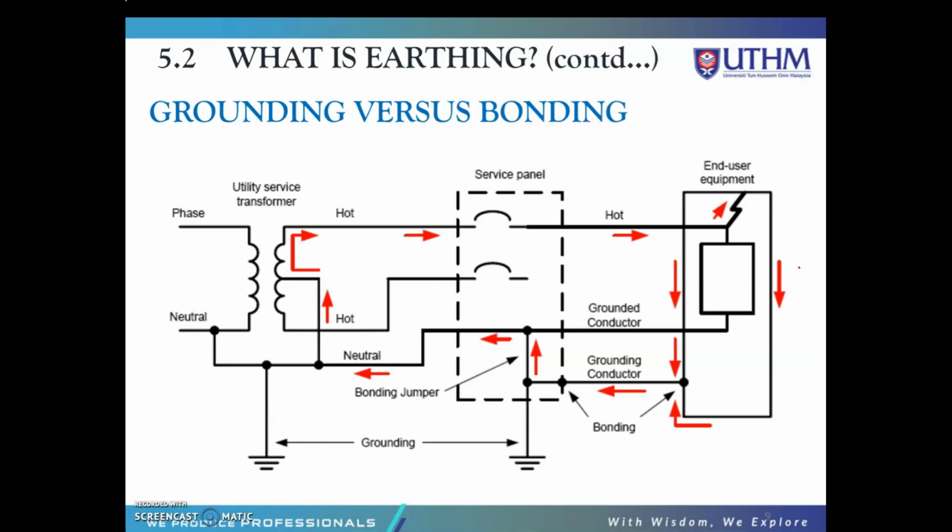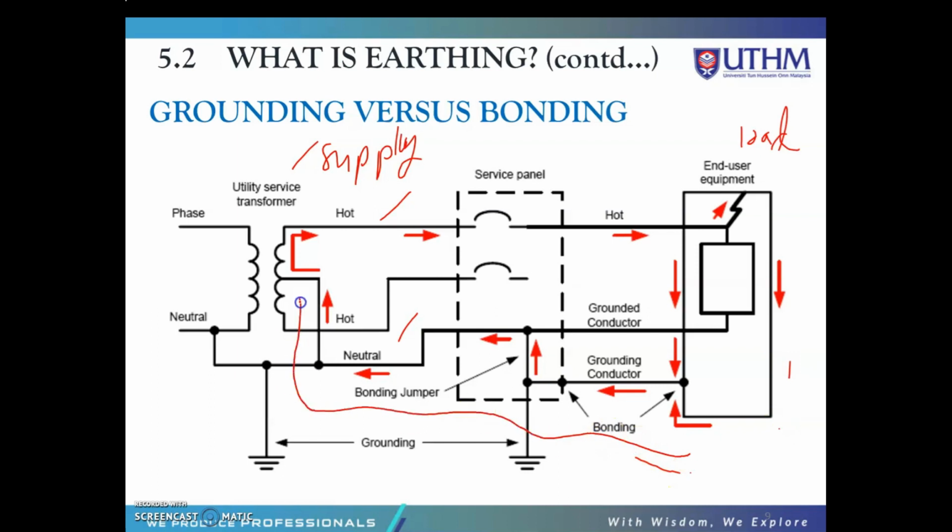Okay, so this is the diagram of the grounding versus bonding. We can see the differences here. We have the hot wires and the neutral wires. The hot wires carry the electricity, the current, from the supply to the loads, while the neutral wire carries the electricity back to the supply.